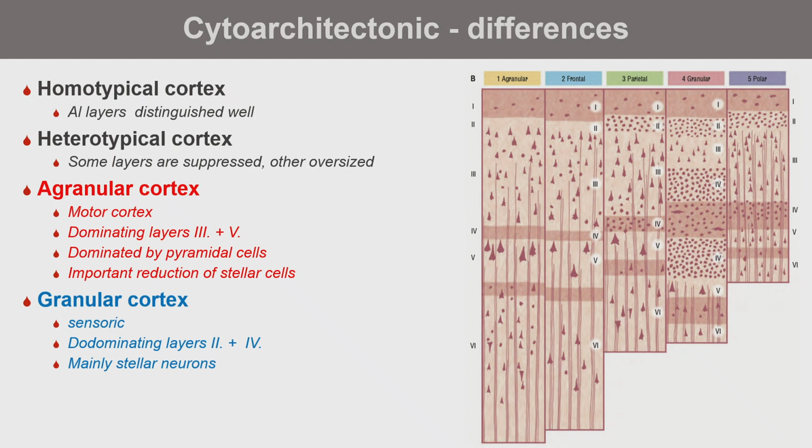Homotypical cortex has almost the same layers, the same thickness of all layers, and then we have a heterotypical. Heterotypical cortex is a specialized cortex, and we could have the 2 thresholds. On one side, the most specialized motor and most specialized sensoric cortex. The most motor cortex is typically agranular because of prominent pyramidal cells.